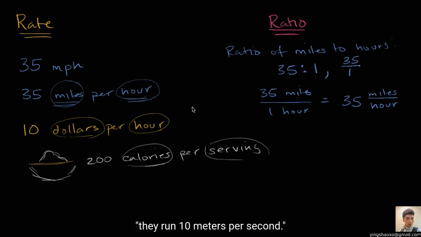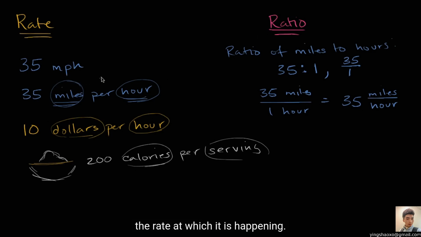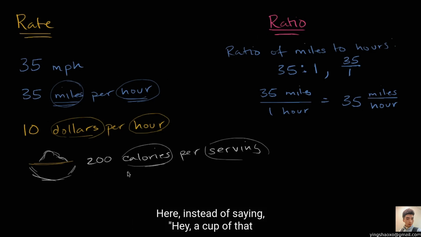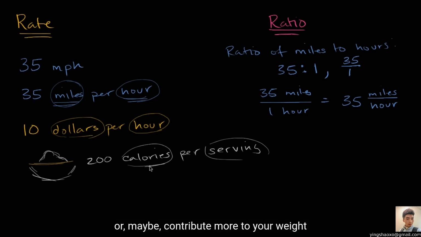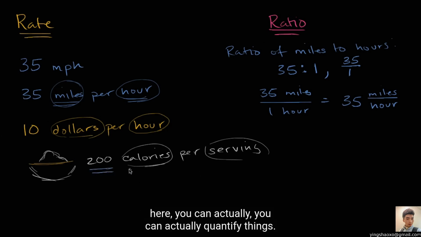They run 10 meters per second. We can quantify exactly how fast that thing is happening, the rate at which it is happening. Here, instead of saying, hey, a cup of that is going to give you more energy, or maybe contribute more to your weight than a cup of that, and making these relative comparisons, here you can actually quantify things.